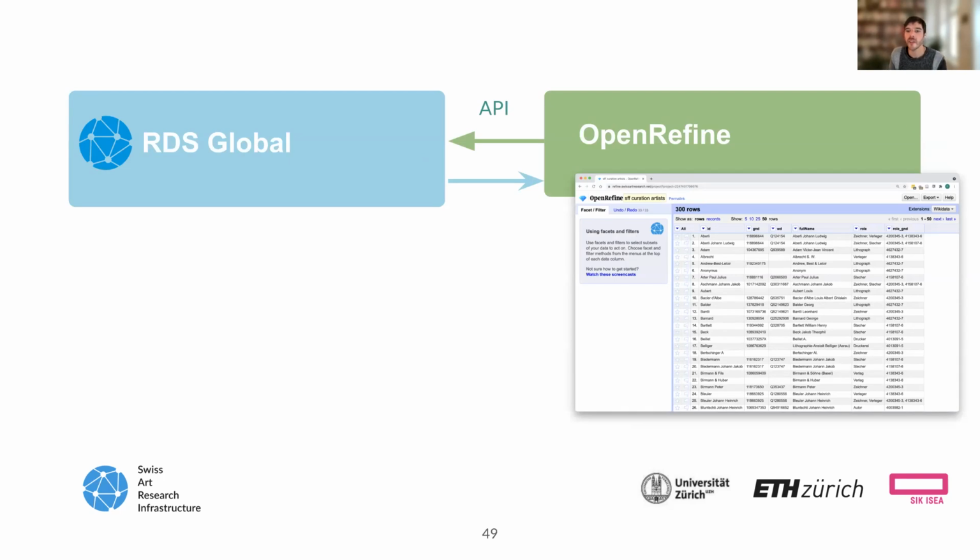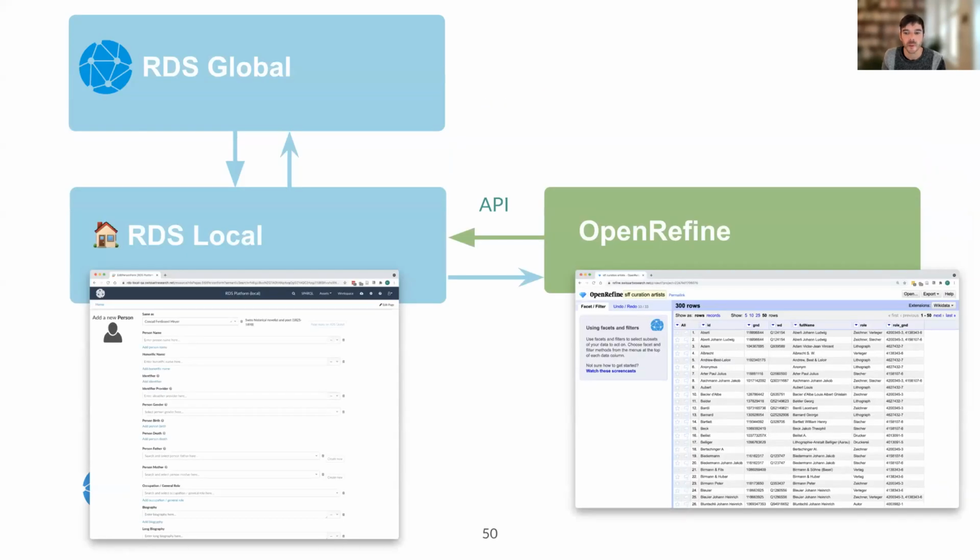You can also connect other systems to it. For example, RDS Global implements the W3C reconciliation API, which means it already works together with OpenRefine. You can integrate it as a reconciliation service to reconcile different entities in OpenRefine. You can also connect OpenRefine to your own RDS local instance.